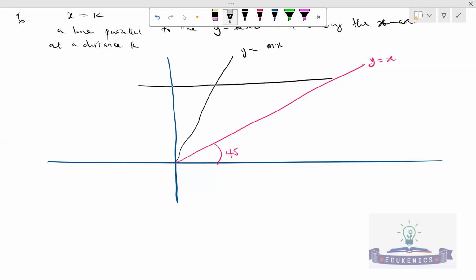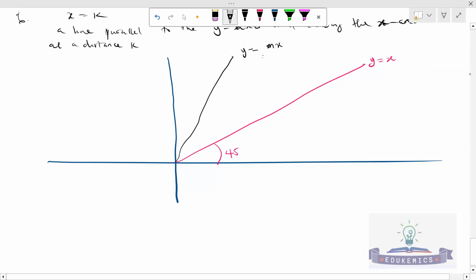When it's parallel to the x-axis, we have y equals c, and this is our c, the distance from the origin.